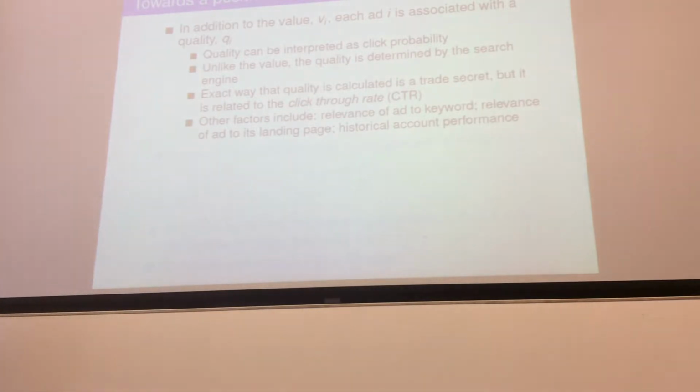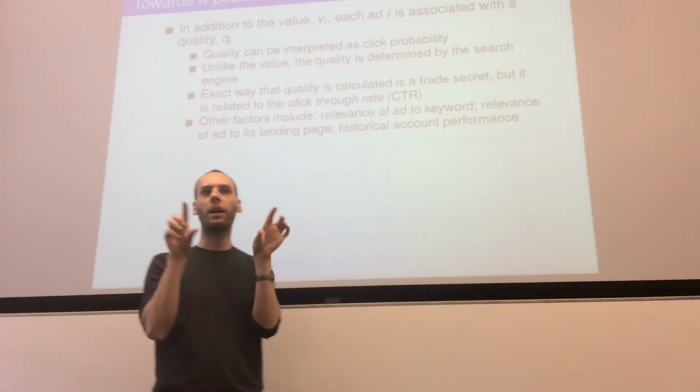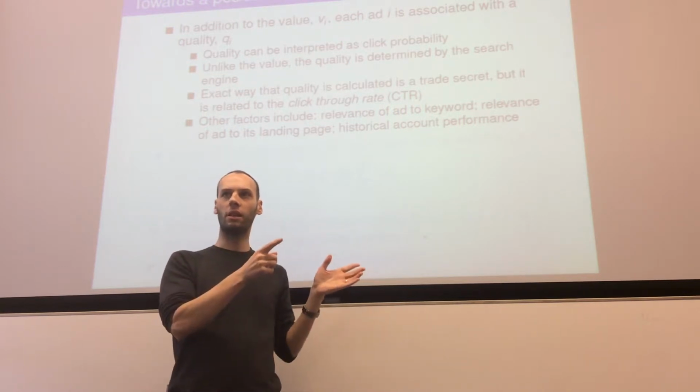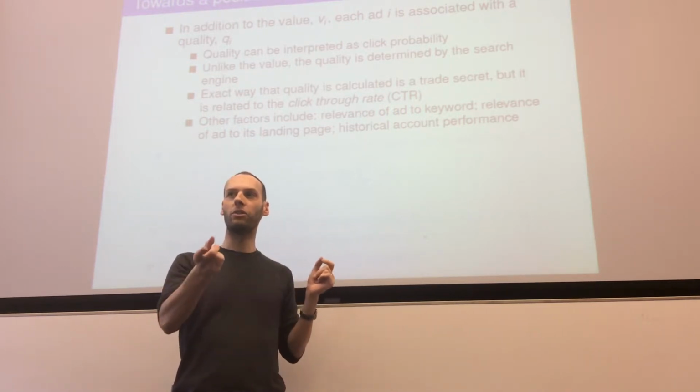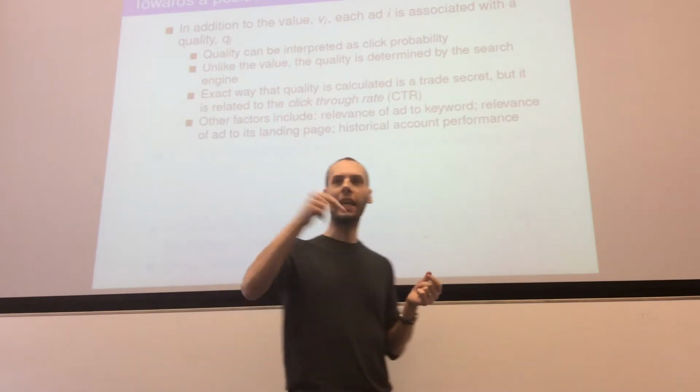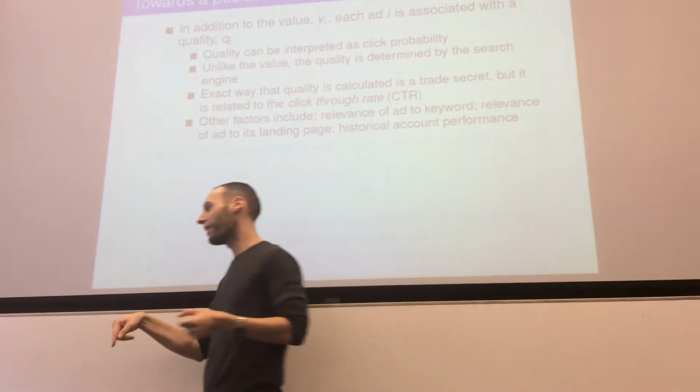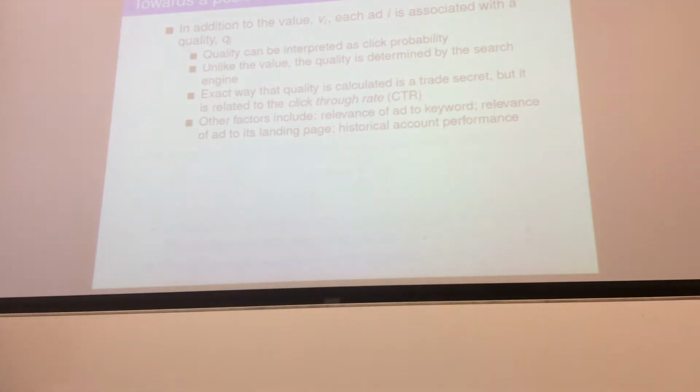But we know there are several ingredients in the formula used to determine the quality. For example, the relevance of the ad shown, the text shown, and how well it matches the keywords. The landing page, which is the page you go to if you click on the ad, and its relevance with respect to the keywords typed in.